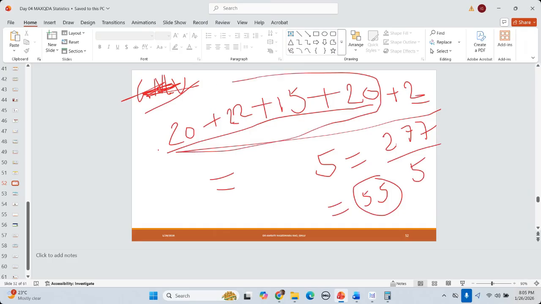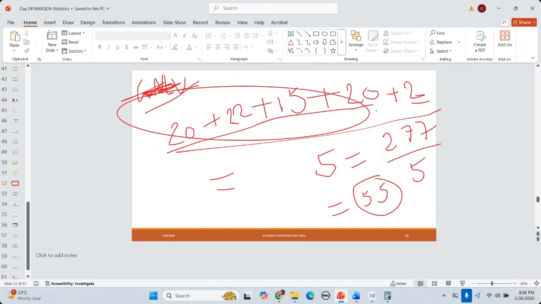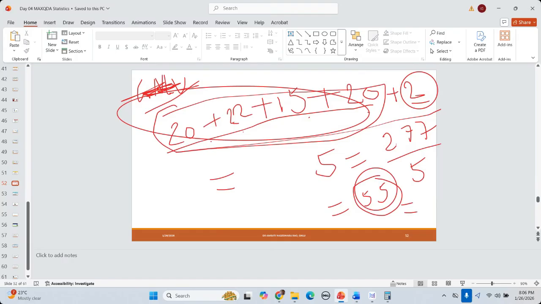If you look at the first four, 20 lakhs, 25, 22 lakhs, 15 lakhs, 20 lakhs. Just because there is one number which is deviant, which is very far away from the rest of the 4 members, it is affecting the conclusion of my results. 55 is not actual reality. 20, where is 20?